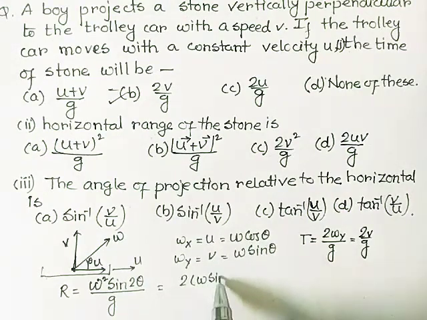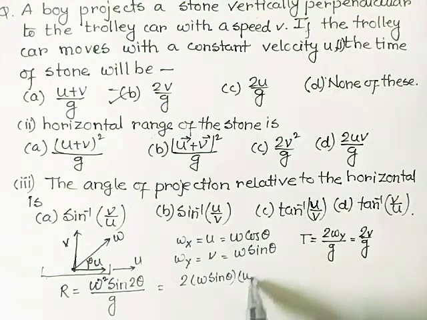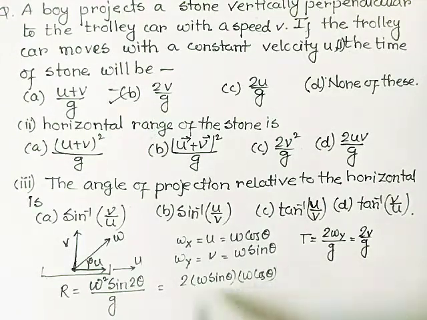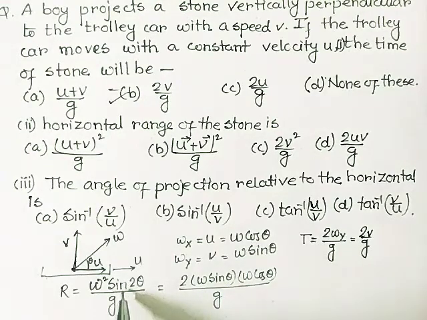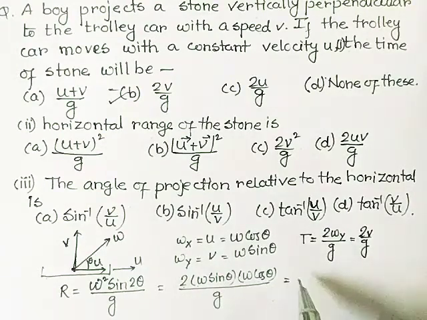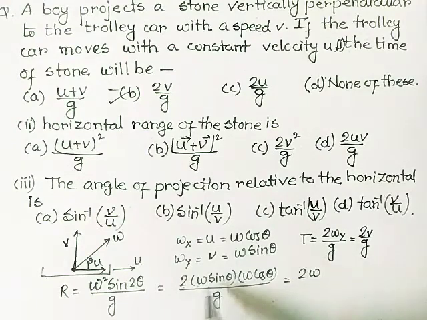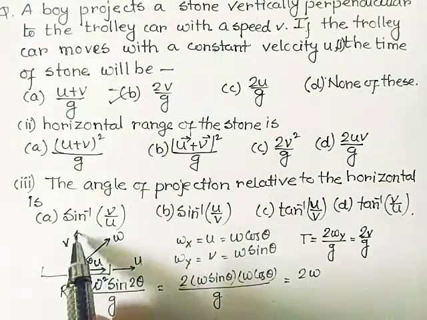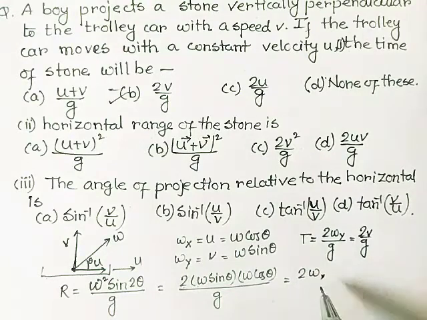w sine theta, w cos theta divided by g. Sine 2 theta is 2 sine theta cos theta, so I can write it as 2 into w sine theta into w cos theta. This w sine theta is along the vertical, and this is along the horizontal, over g.